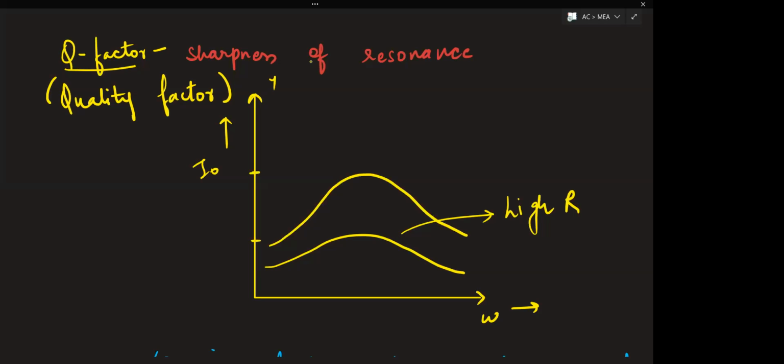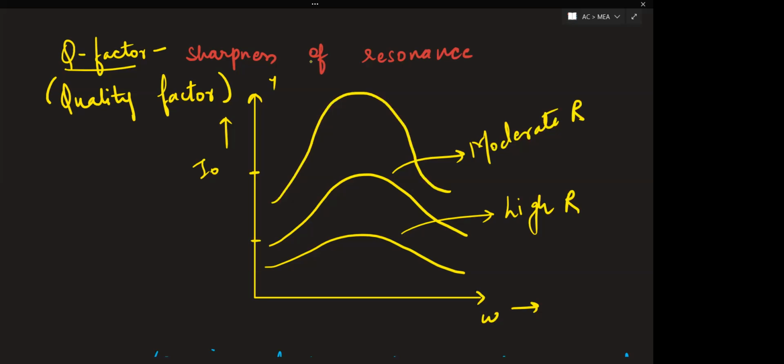Now current's value has somewhat increased. So the kind of resistance we'll obtain here will be a moderate value of resistance. And if you get the highest value of current, that means it's a very low resistance. Fine, even if you see this graph. So everything will be calculated with the help of graph.